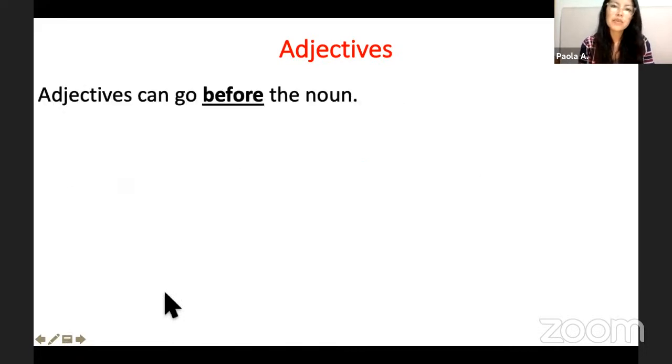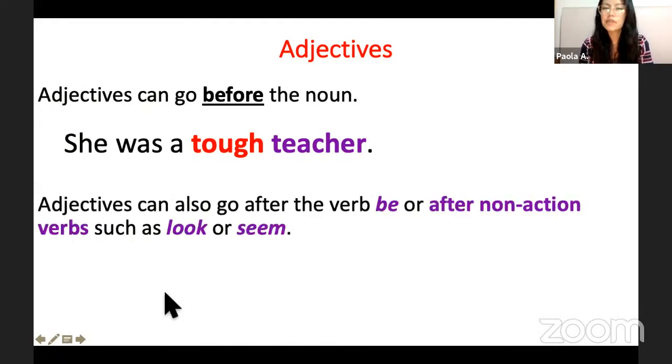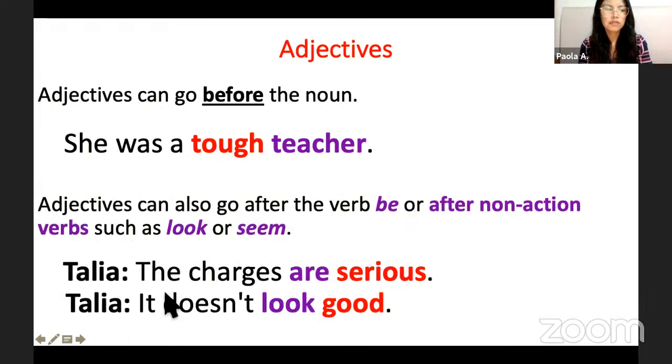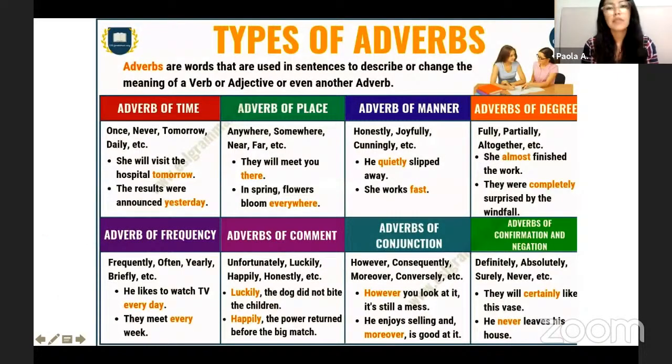What happens with adverbs? If I'm not wrong, we've seen some adverbs before. I'm not totally sure, but we might. So adverbs are words that help us to describe an action. Well, not always an action, but they help us to describe or change the meaning of a verb.